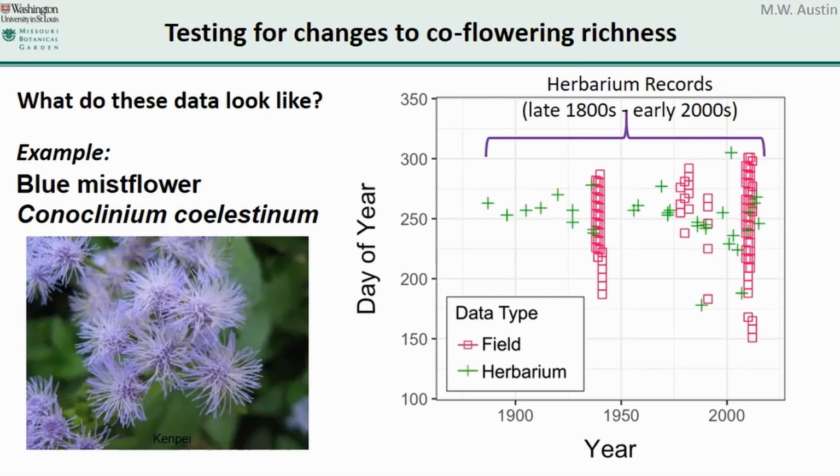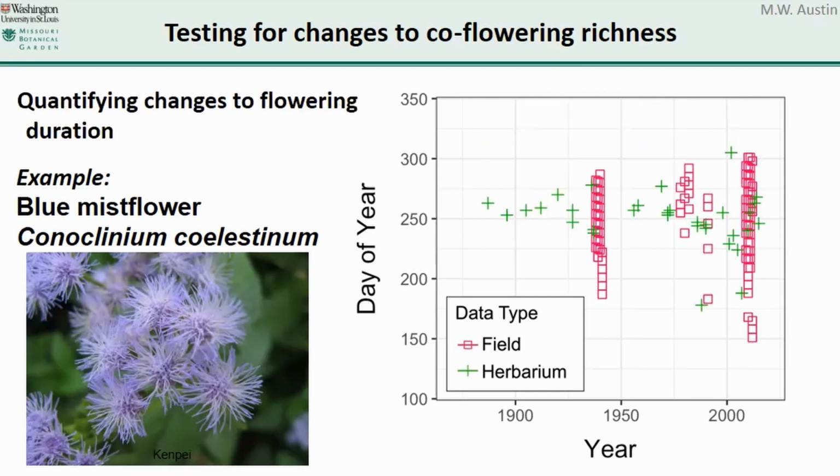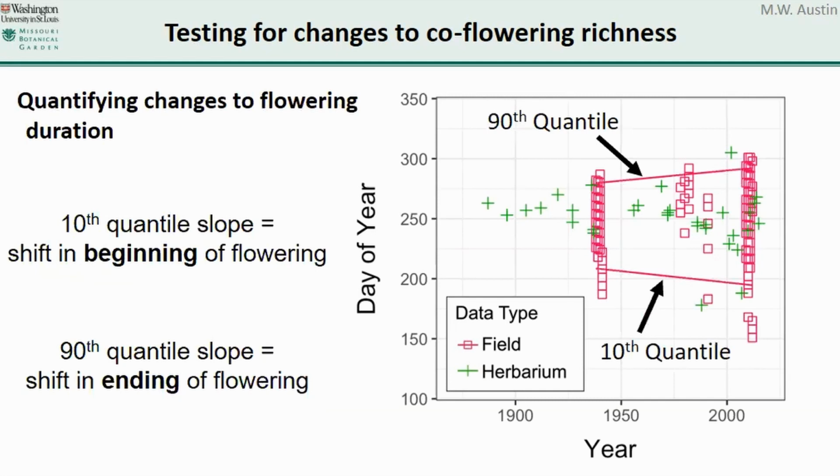So I went about this by performing, for every species in the data set, a 10th quantile and a 90th quantile Bayesian regression, where the slope of the 10th quantile line gives an estimate for how the beginning of the species' flowering season has changed across the past century.